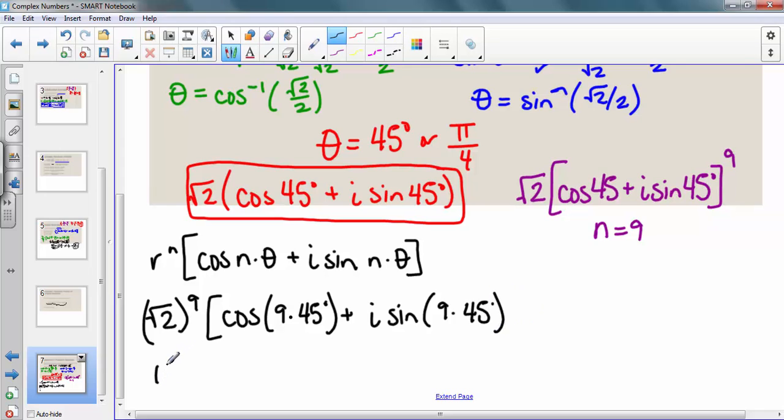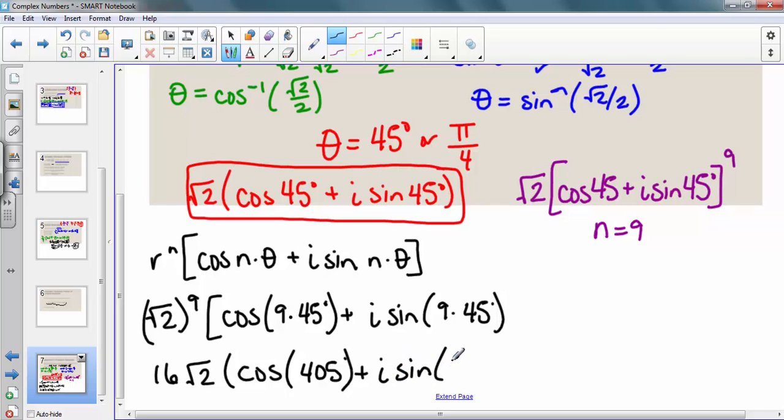And simplifying this, we're going to get 16 square root 2 times the cosine of 405 degrees plus I sine of 405 degrees.